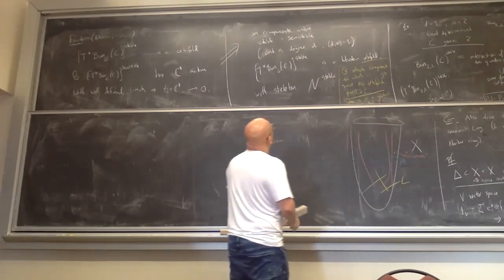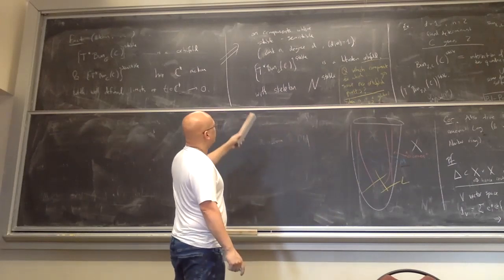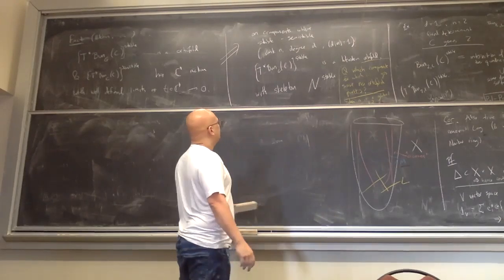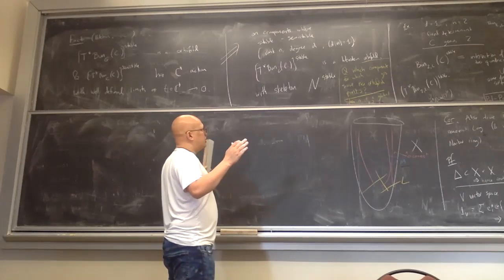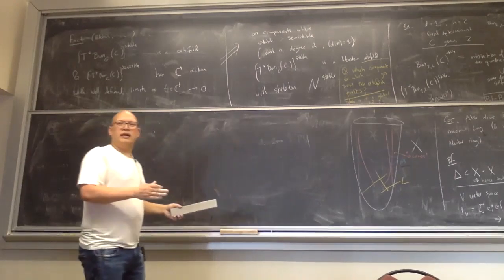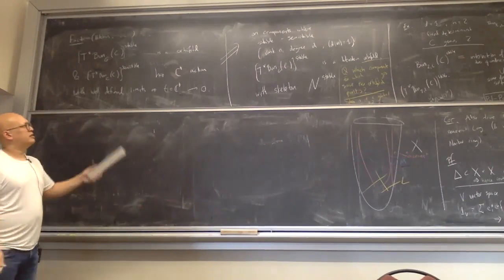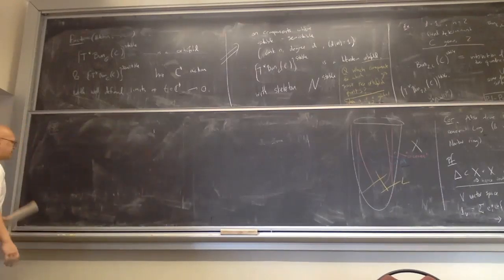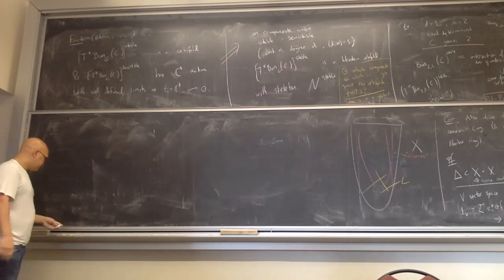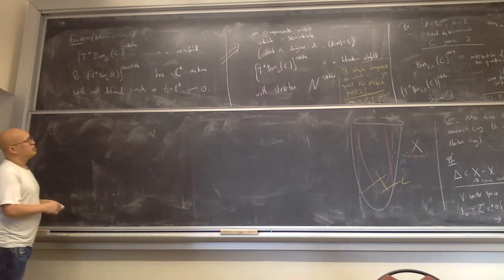I'm going to collect all these assumptions into the statement that the component is good. An example of a good component is GLN with coprime rank and degree.